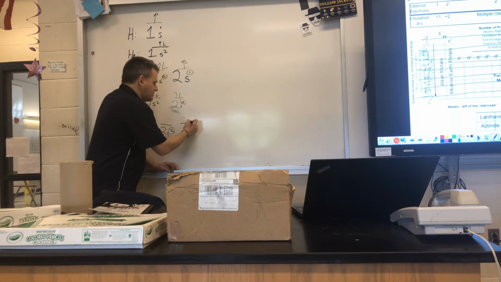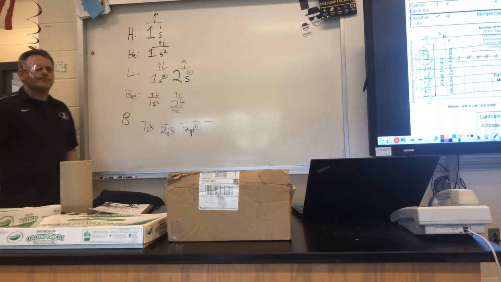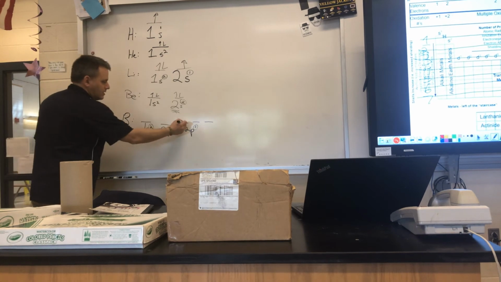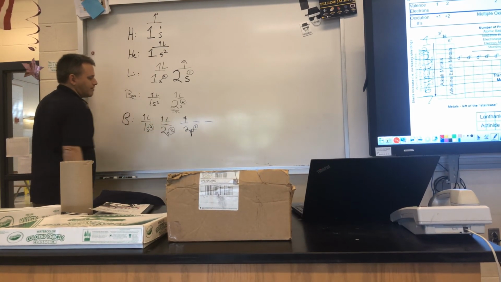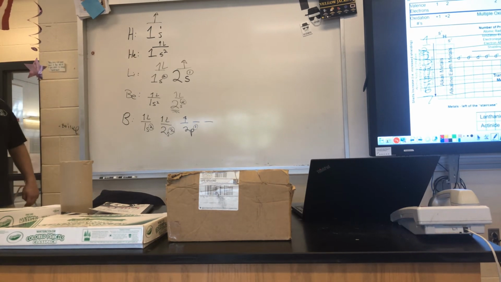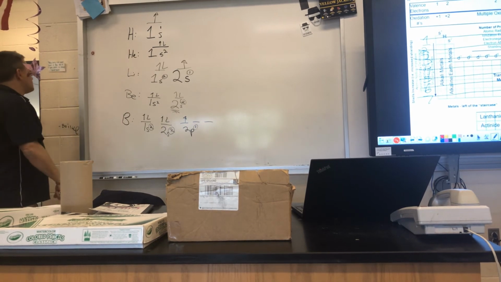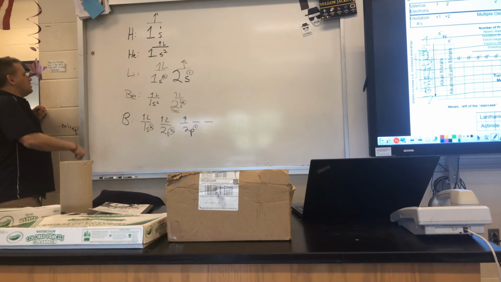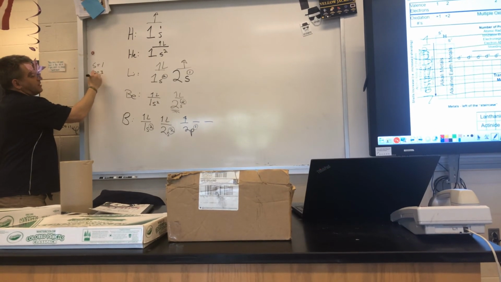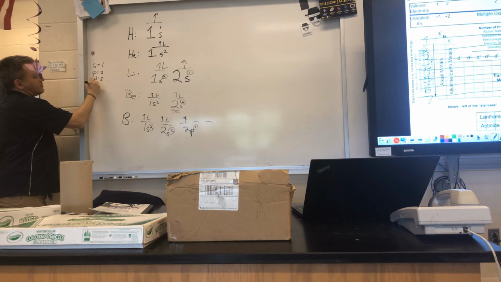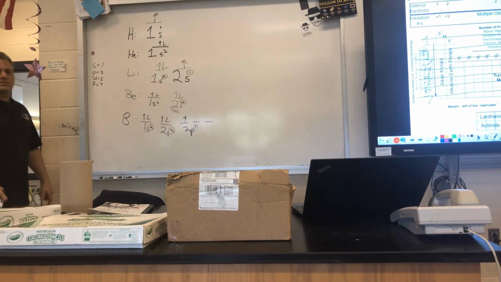So you write 3 empty beds and you put a pig in it. Up, up, up, pig. There you go, 5 pigs, 5 electrons. You have to remember, the S's had 1, the P's had 3, the D's had 5, and the F's had 7.